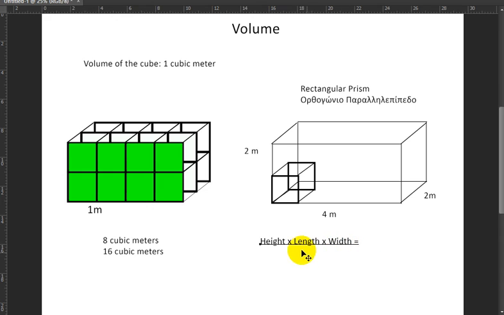So in this case, I would say 2, that's the height, times the length, which is 4, times the width, which is also 2. And what I would get if I did 2 times 4 times 2 is 2 times 4 makes 8, times 2 makes 16.